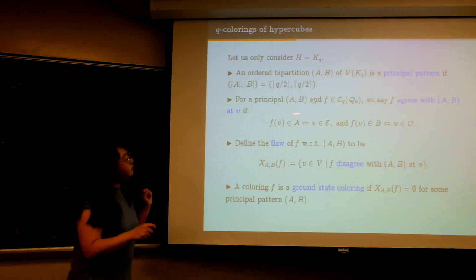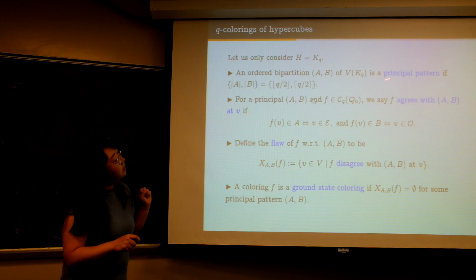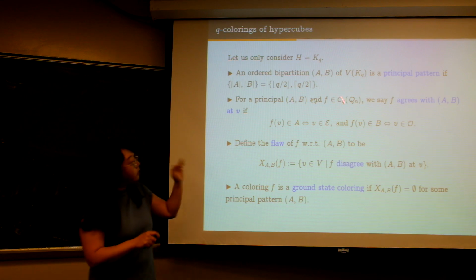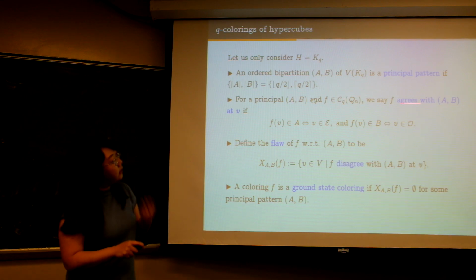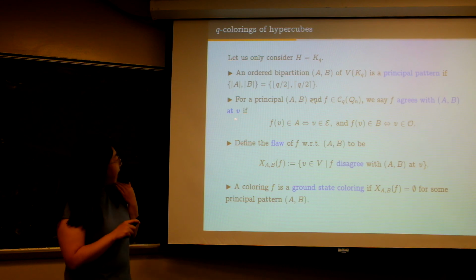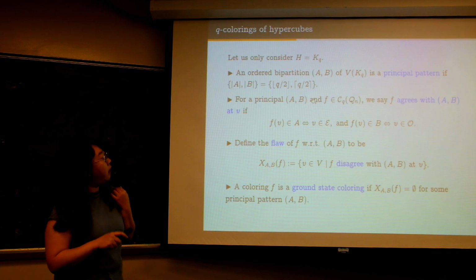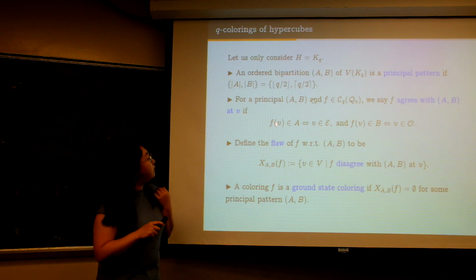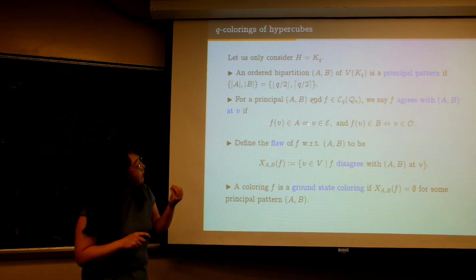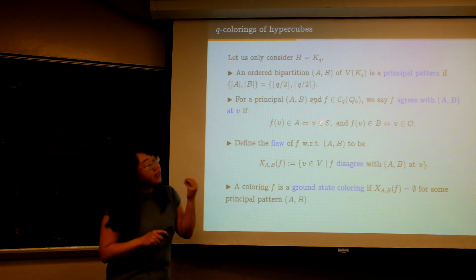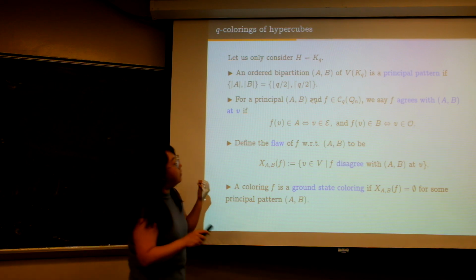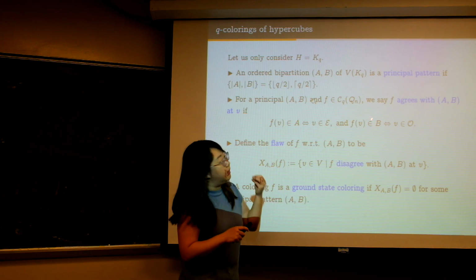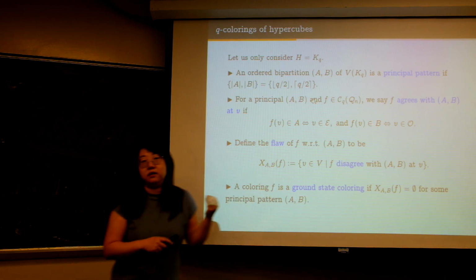For a principal pattern A and B, and for a proper coloring f, we say this coloring agrees with the pattern at a given vertex v if the following holds: v receives a color from A if and only if v is in the even set, and v receives a color from B if and only if it is in the odd set.